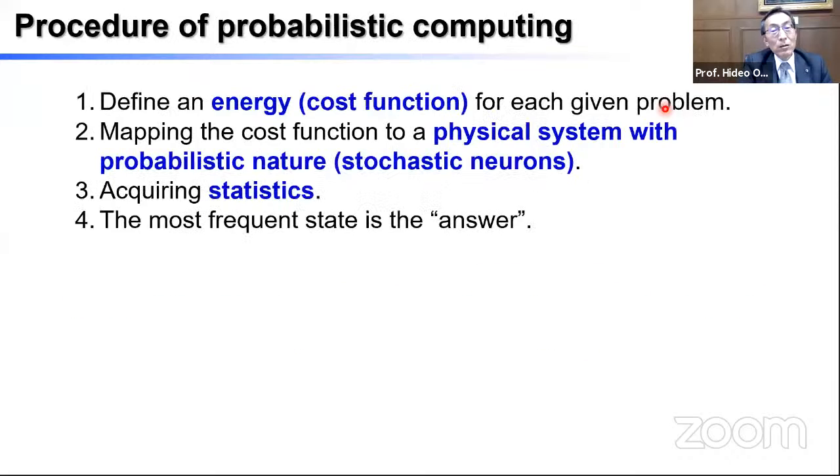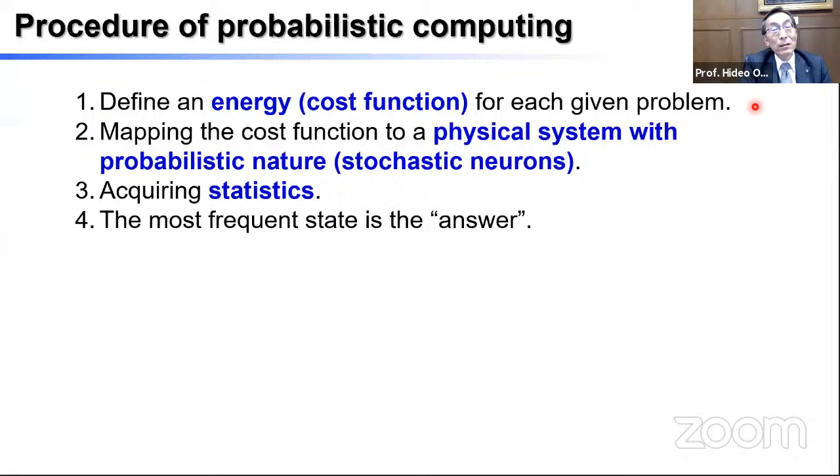So the procedure of this probabilistic computing is such that you need to define an energy landscape, or people call it a cost function as well, for each given problem. So you have to design things specifically for your problem. Then you map the cost function to a physical system with probabilistic nature.